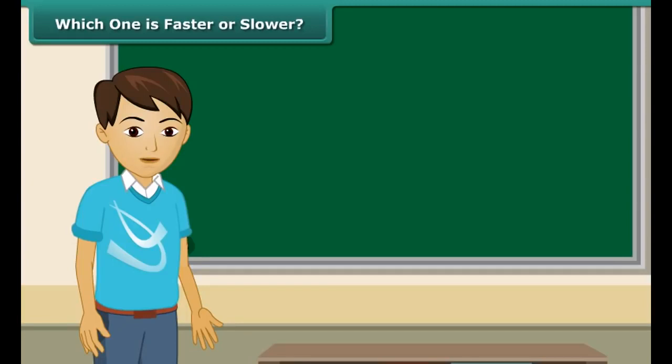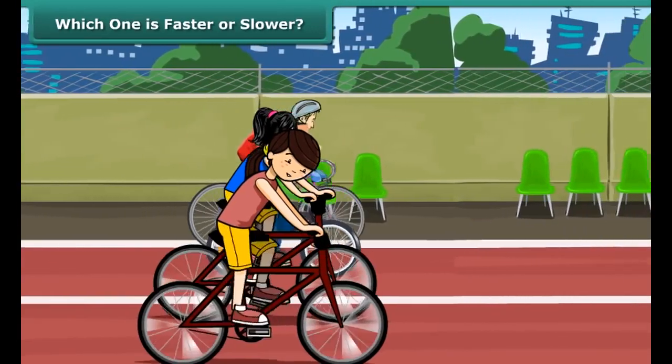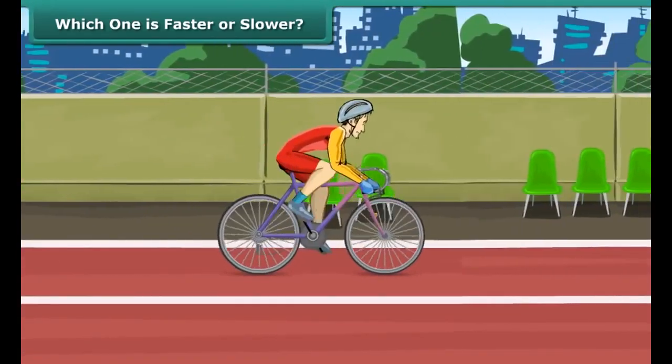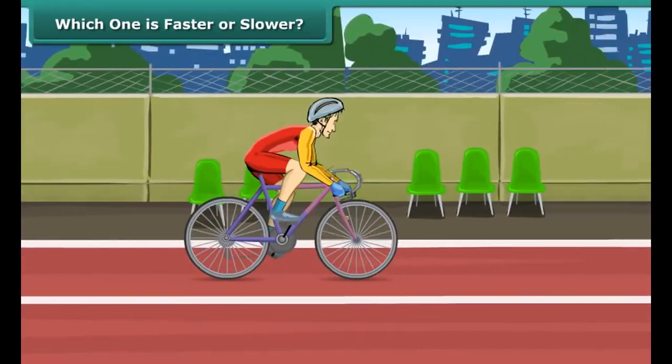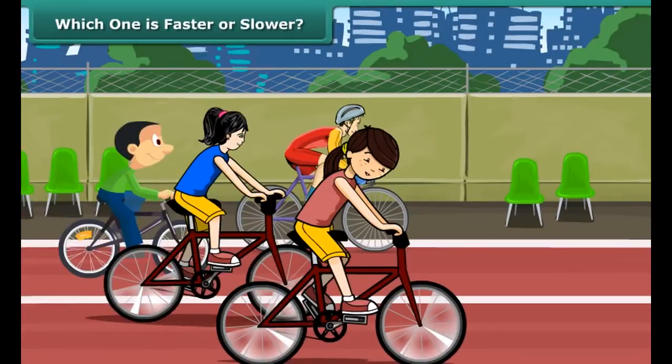The next step is to identify whether an object is moving faster or slower than another object. To do that, you must calculate the distance covered by both the objects in the same time interval. Consider a 1,000-meter cycle race. When the whistle blows, the race begins. Every cyclist starts at the same time.